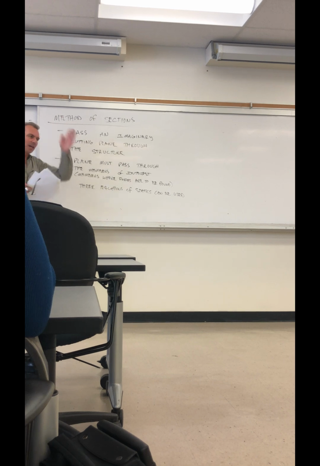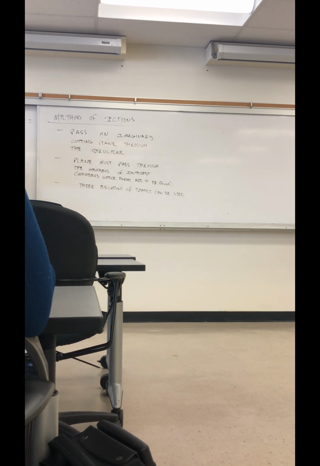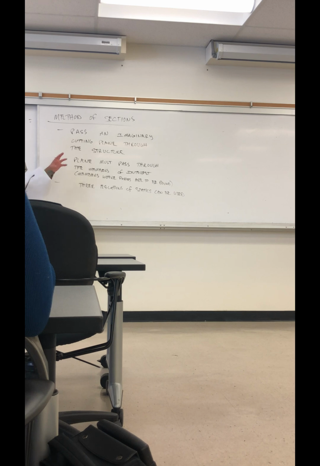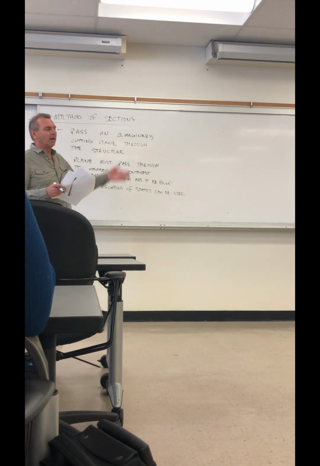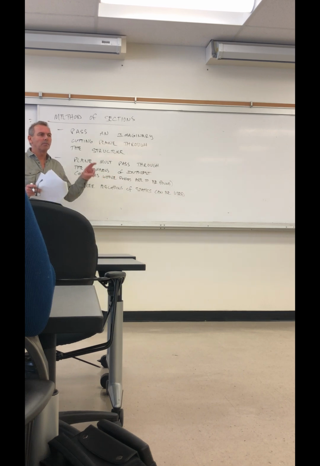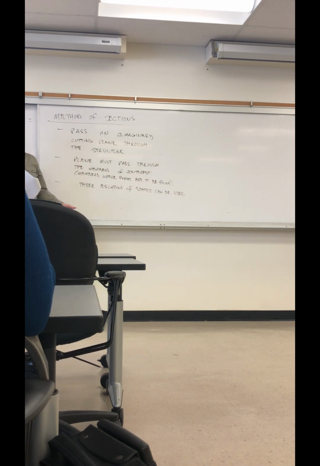When we take a section cut, we have 3 full equations: summation of forces in x equals 0, summation of forces in y, and summation of moments about a point. So when we take a cut, we can cut through 3 members, and we can solve for all 3 because we have 3 equations.